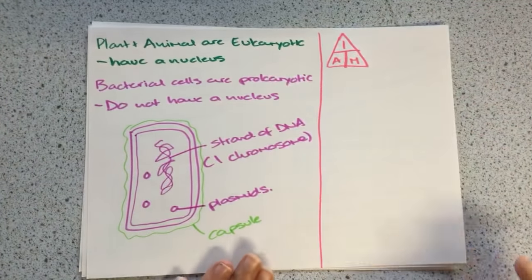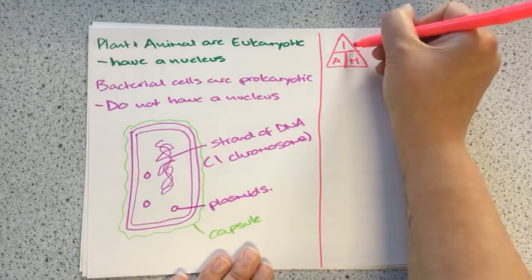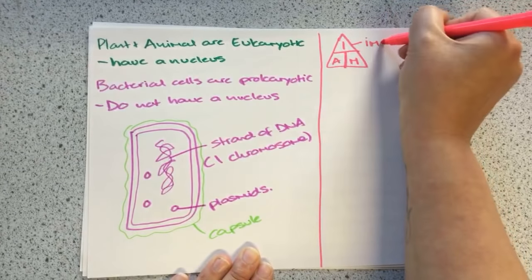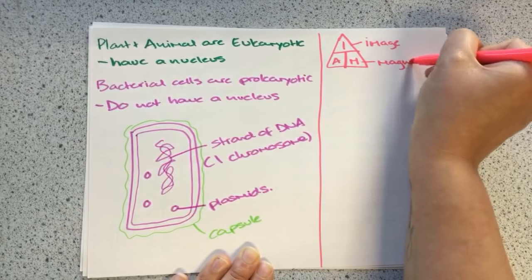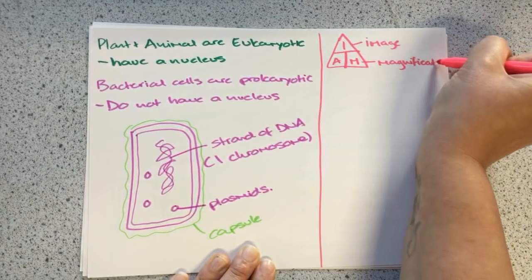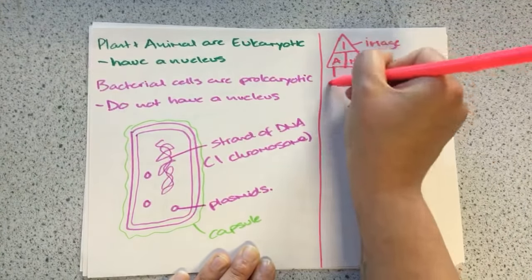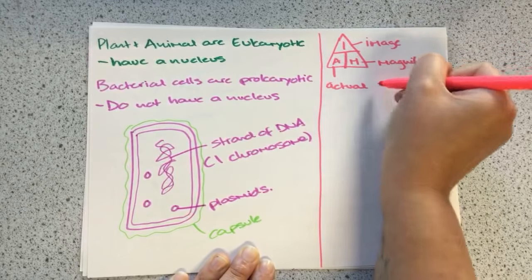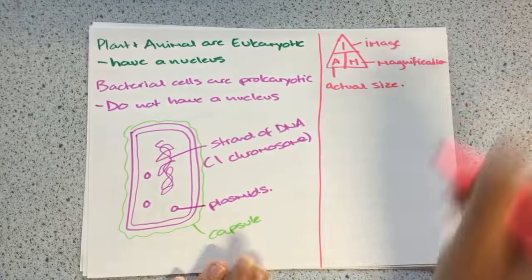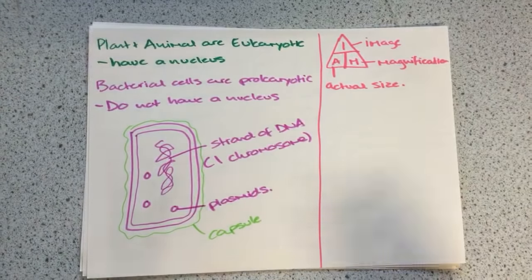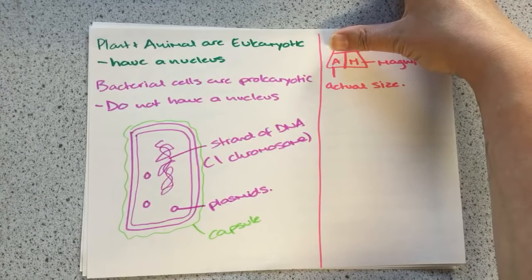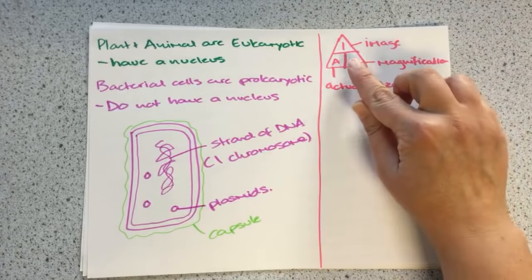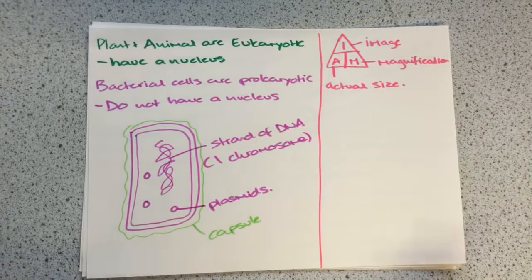What you need to know though is the I-A-M triangle, where I is for image, M is for magnification, and A is for actual size. If you needed to rearrange that, so if you were asked for image, you do actual times magnification. If you were asked for magnification, you do image divided by actual.